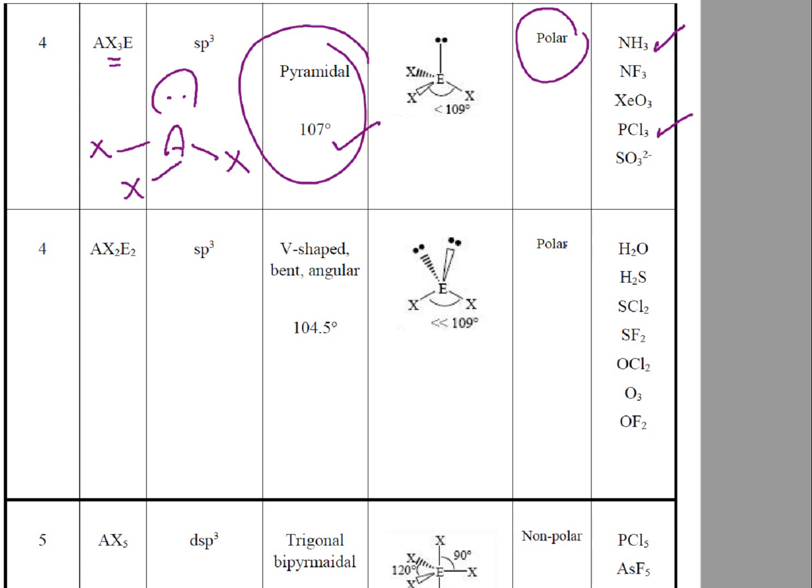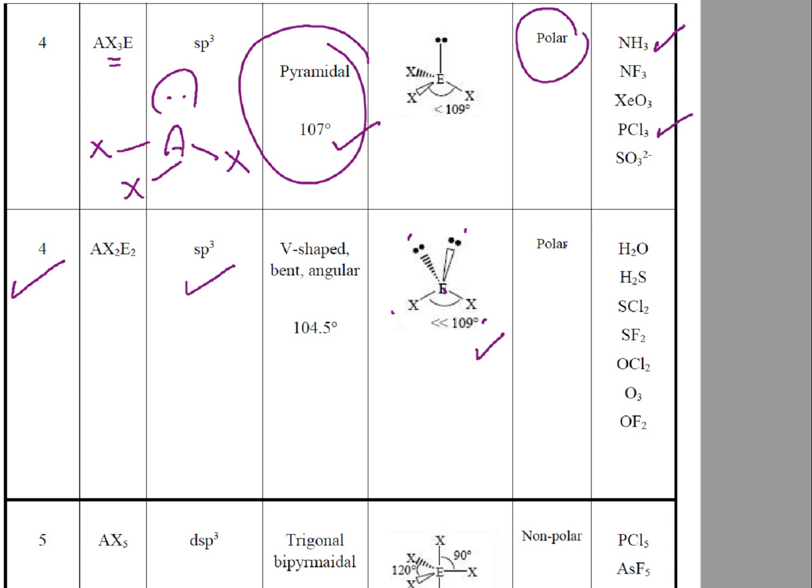In this structure, the central atom is surrounded with 4 effective pairs, so the number of effective pairs is 4, and the type of hybridization will be sp3. And according to electron domain geometry, we are expecting that the molecule will be tetrahedral with an angle of 109.5.